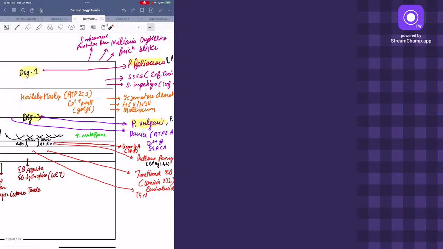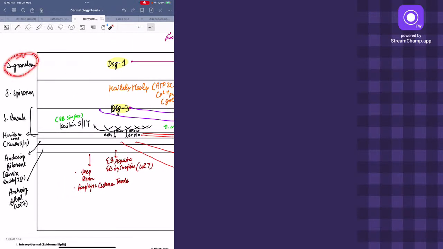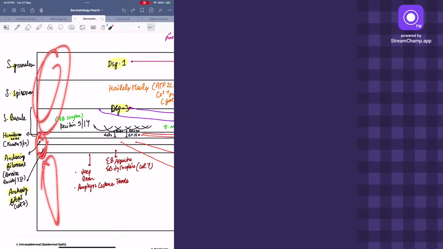Desmoglein 1 is in the stratum granulosum. First we will write here stratum granulosum, spinosum, basale. This is hemidesmosome, this is anchoring filament, this is anchoring fibrils. So basically this all is the dermoepidermal junction, and this is epidermis, and this is dermis.